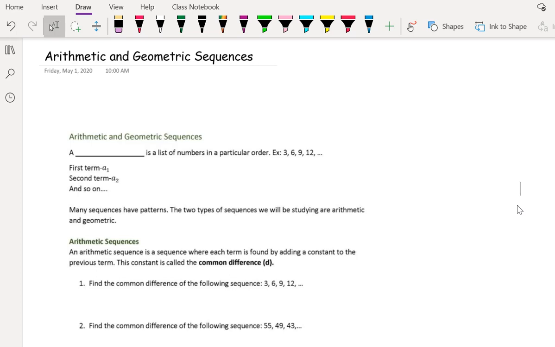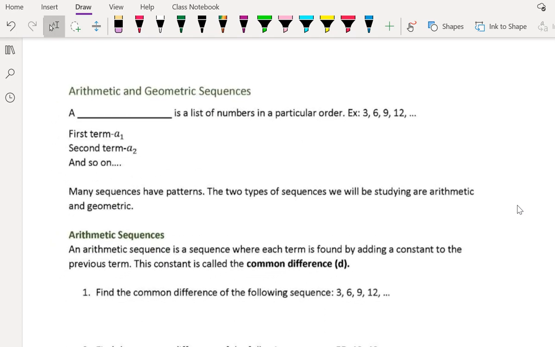I mean, my daughter right now, she looks at number patterns and then has to write the next number in the pattern. So an arithmetic and a geometric sequence is just a sequence or a list of numbers in a particular order, okay?